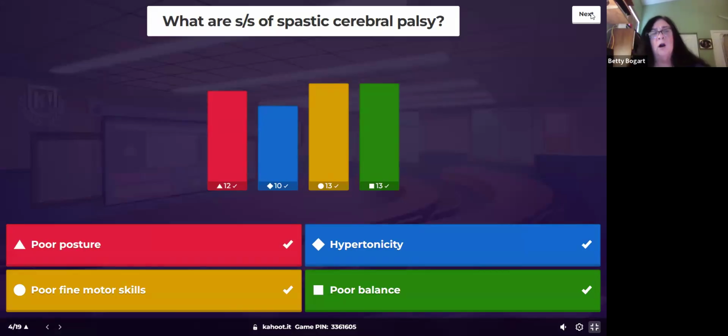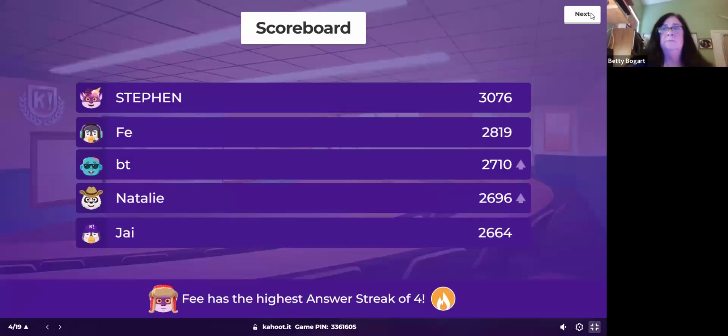So there is poor posture, poor gross motor, poor fine motor. And as I said, that hypertonicity where your muscles are so tight, too tense. And then, of course, poor balance because we can't manage our muscles and we do have trouble standing up. They might need a walker or a cane or something to help them, or a wheelchair in some of them.